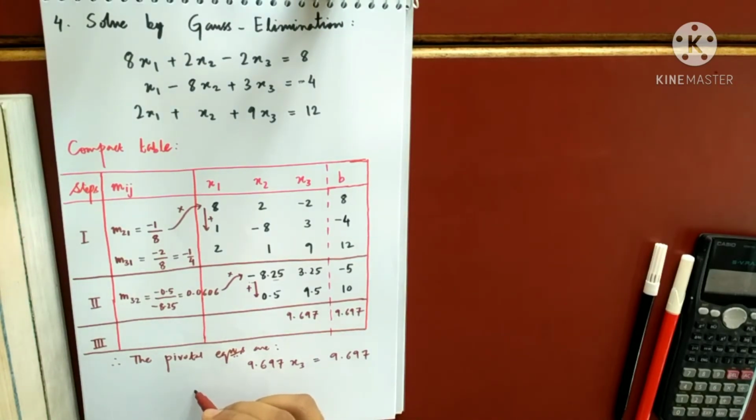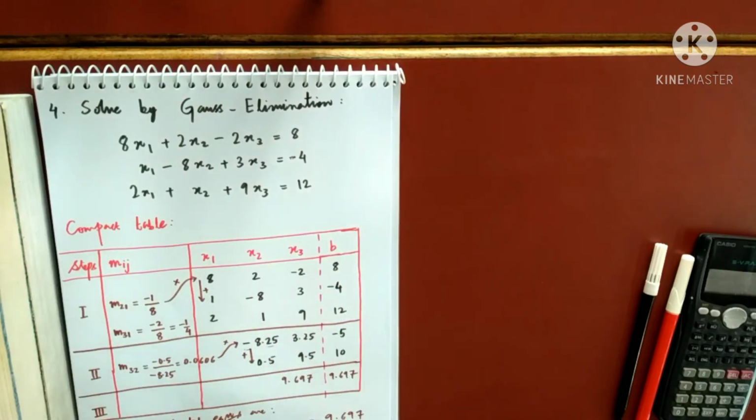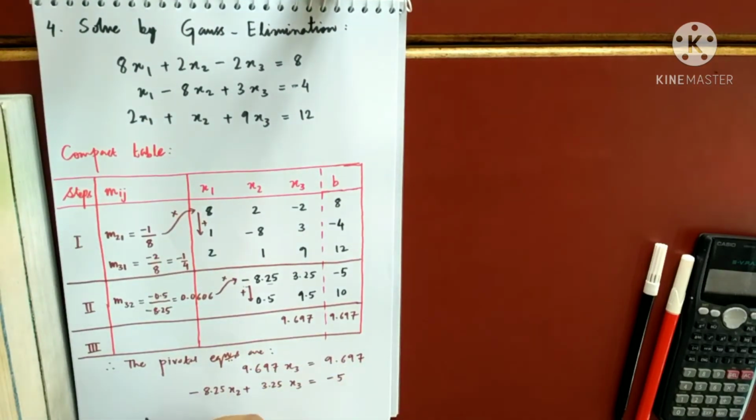Minus 8.25 x2 plus 3.25 x3 is nothing but minus 5, and the first pivot is this one, the first one. So 8x1 plus 2x2 minus 2x3 equals 8.